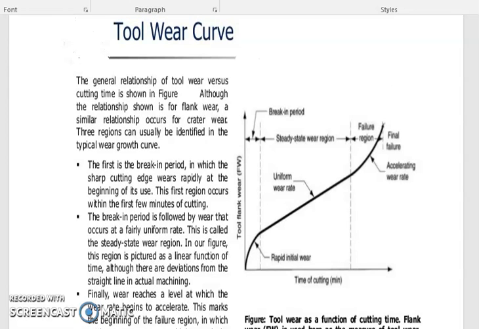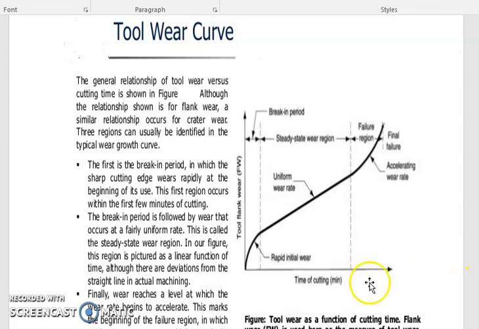Now next let us discuss the grinding wheel wear curve, or tool wear curve for grinding. Basically, we are using a grinding wheel for machining a workpiece, and we note down the wear of the grinding wheel, the tool in this case, with respect to time.